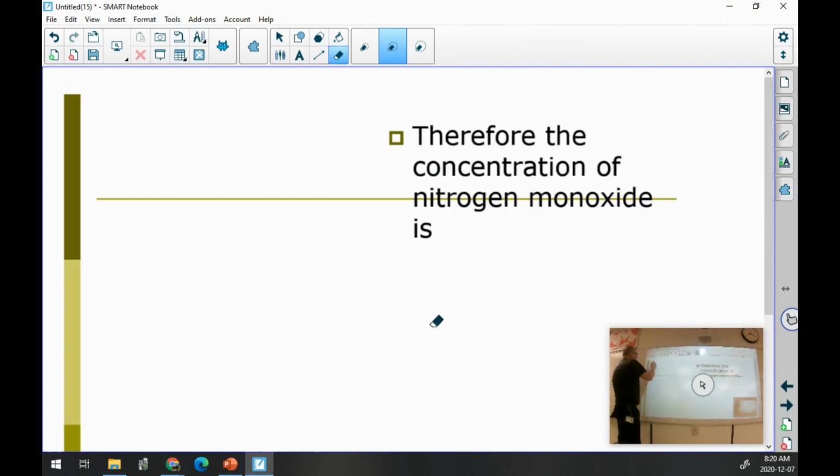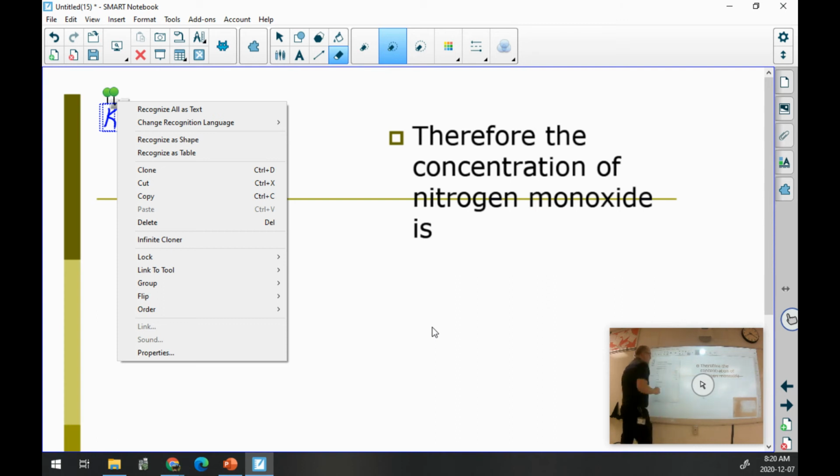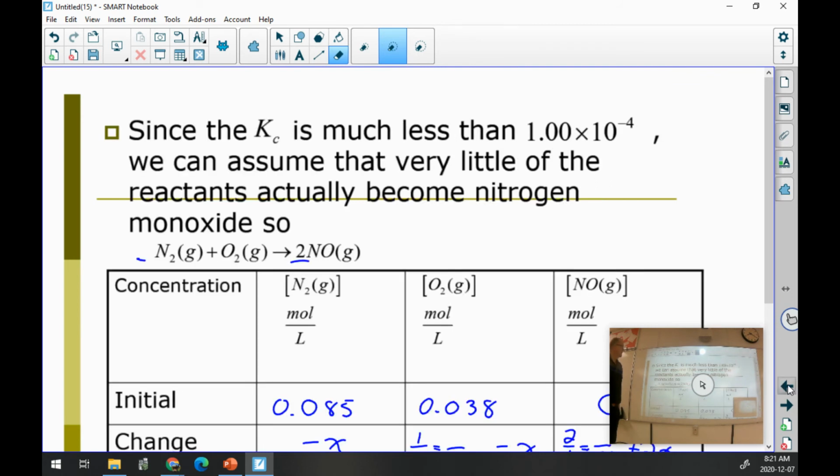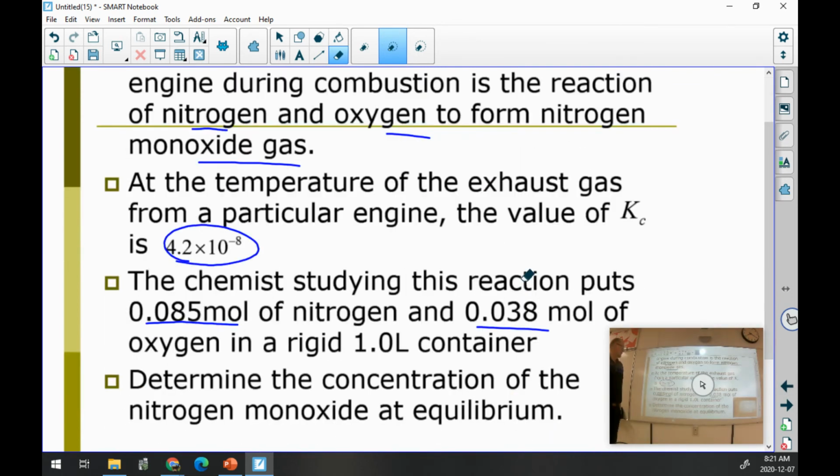So going to this, our Kc is small, very, very small. And actually I have to go back and figure out what it is. 4.2 times 10 to the negative 8.